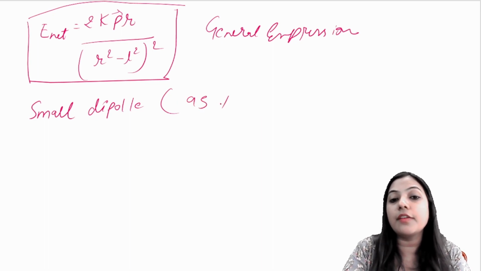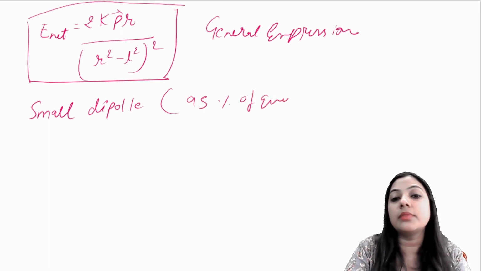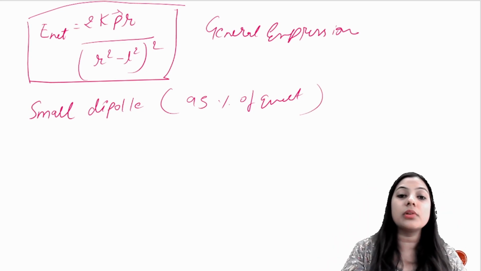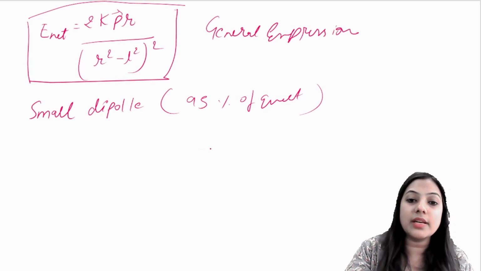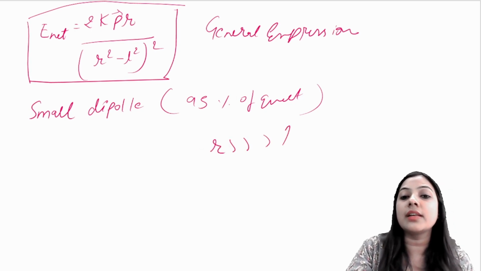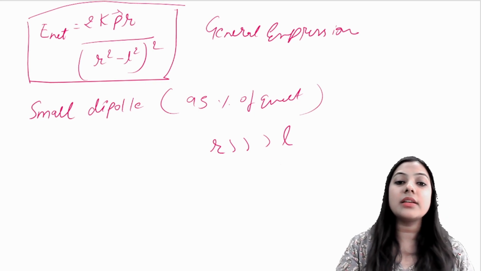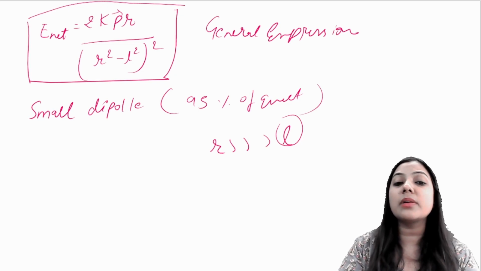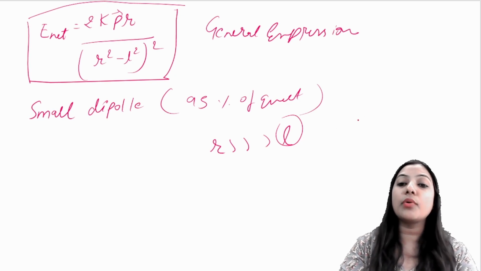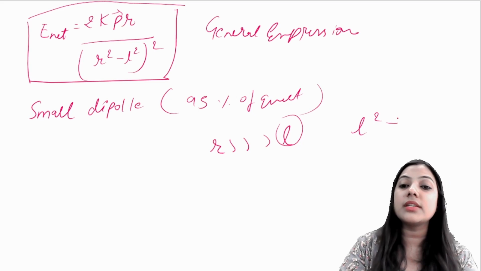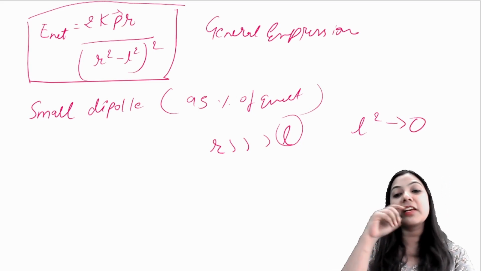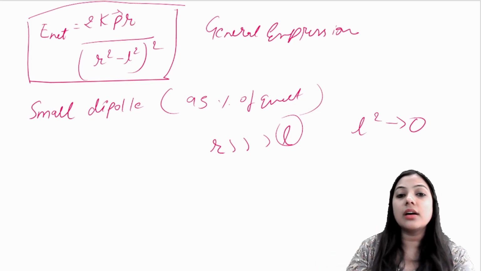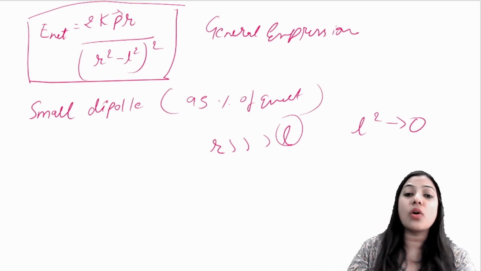For a small dipole, there is a condition that r is very much greater than L. So L is negligible compared to r, so we can put the value of L square equal to 0, because L is very small compared to r.